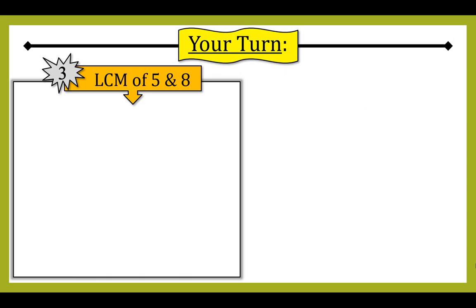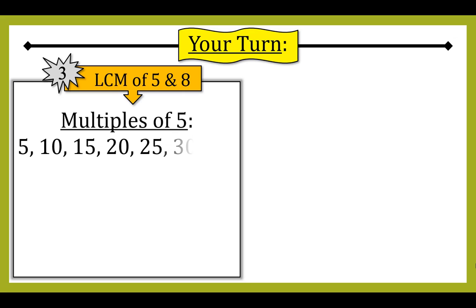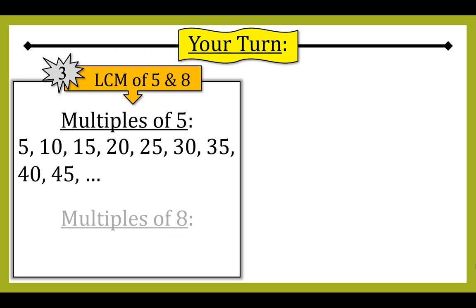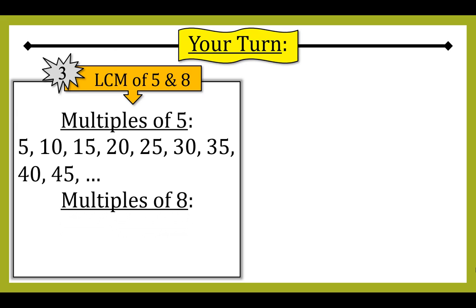All right, so let's find the least common multiple of 5 and 8. So I'm going to write my multiples of 5: 5, 10, 15, 20, 25, 30, 35, 40, 45. Now, I made this list pretty long because I already know that I needed to do that because the multiples of 8 go up to 40, and I needed my 5s to go up to 40.